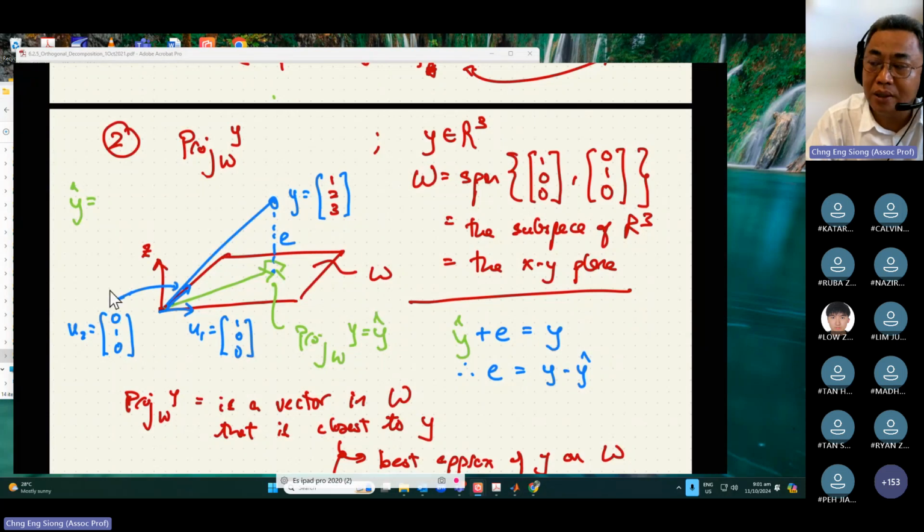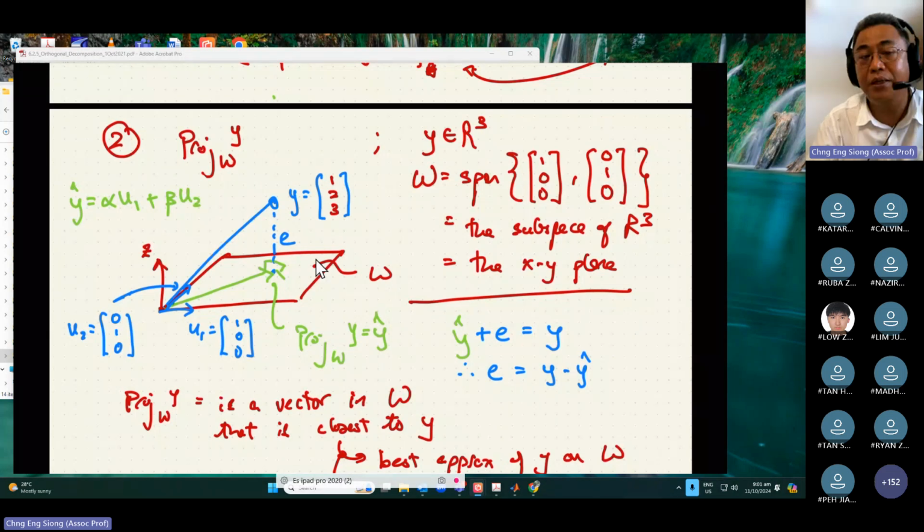What do you think I will write on the right-hand side? Linear combinations of the bases. Very good. So it'll be alpha times U1 plus beta times U2. Linear combinations of the bases, right?